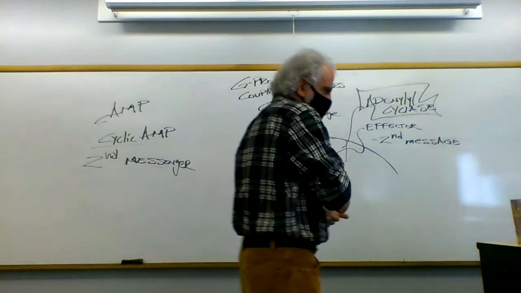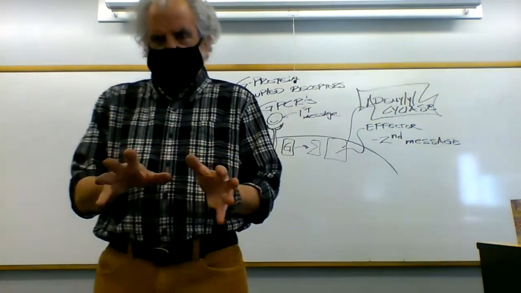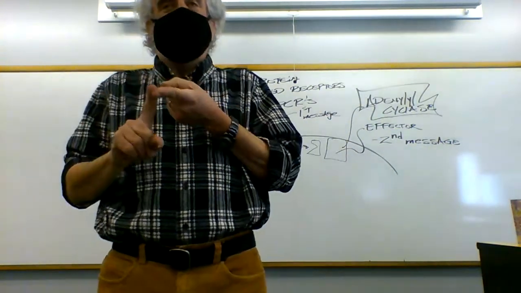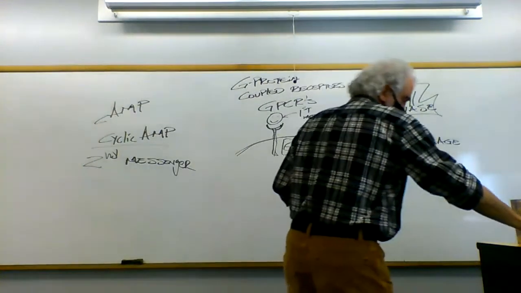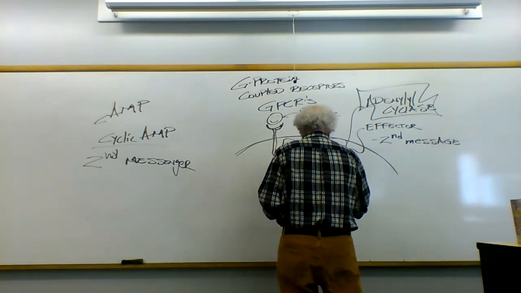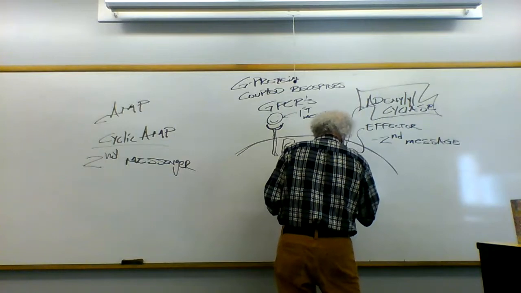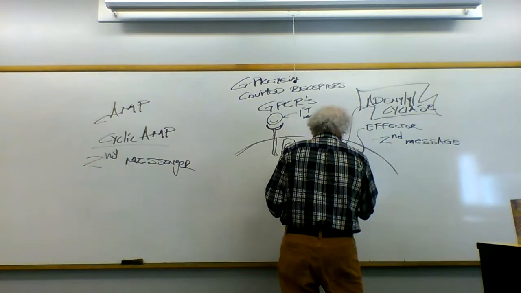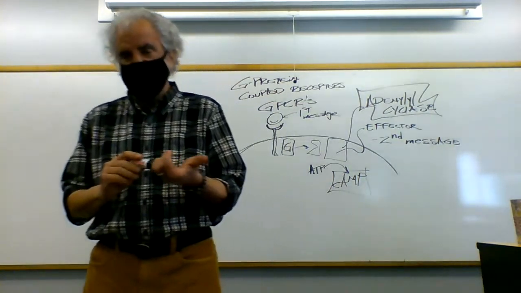And rather than getting into the next step of it, we're going to save that for Wednesday, but we'll talk a little bit about it. Adenylyl cyclase, what it's doing is generating large amounts of cyclic AMP. So let's put that here. ATP is being converted into cyclic AMP, and there are a whole class of proteins that are cyclic AMP binding proteins that are being activated.